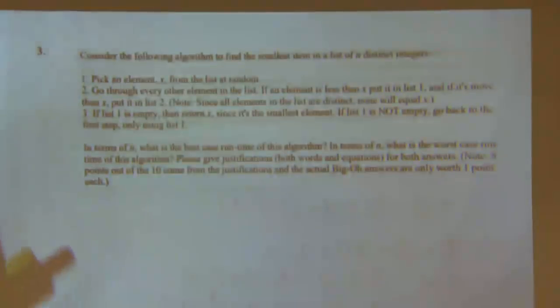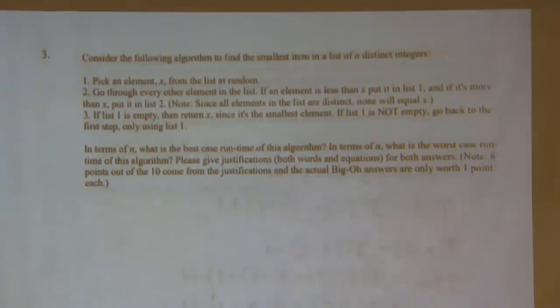Okay, so this next one is a little bit of a different question. One thing you're going to have to do a decent amount is analyze runtimes of different things and step through how a runtime is derived by just looking at an algorithm, right?